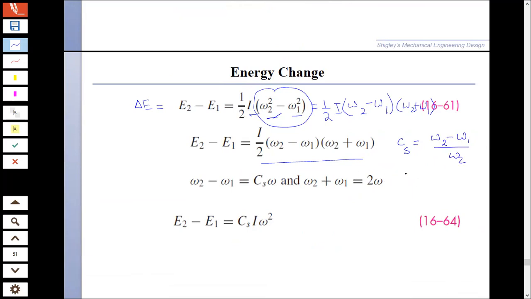So I can say that omega 2 minus omega 1 is equal to CS times omega, right?